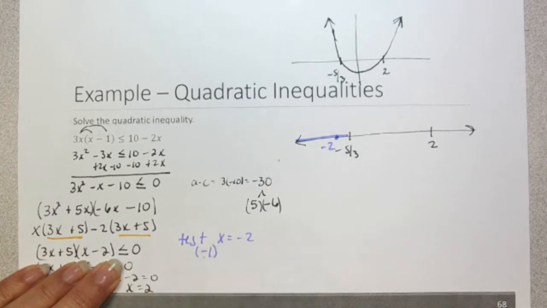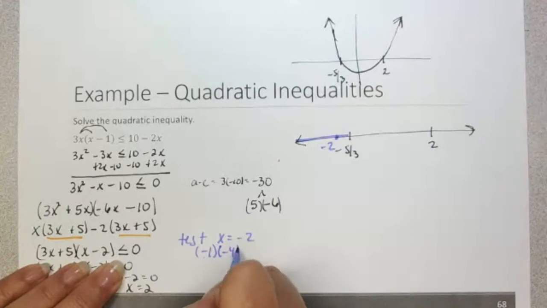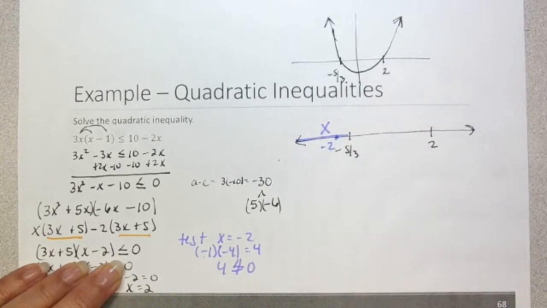Well, that's a negative 1, times negative 2 minus negative 2, that's negative 4. Well, negative 1 times negative 4 is positive 4, and 4 is not less than or equal to 0. That's not true. That means my purple interval here is not a good interval. It does not satisfy the inequality. All right, so I throw that one out.